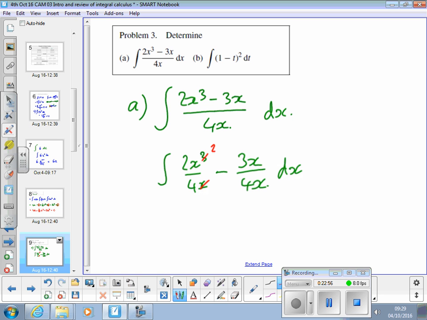Yeah. So what we've got now is the integral of 2x squared over 4 minus 3/4. And that actually will simplify still further, because that's actually half x squared. Agreed?